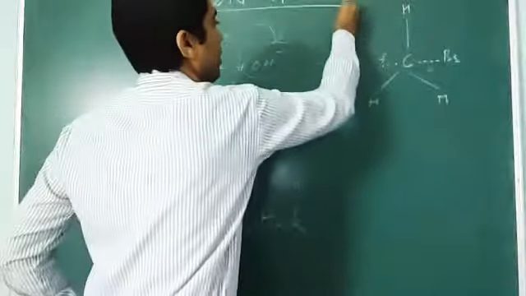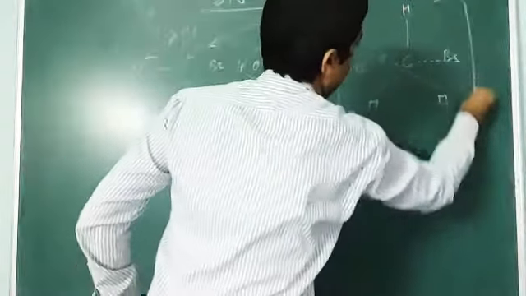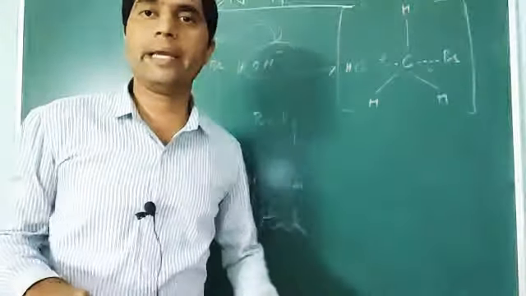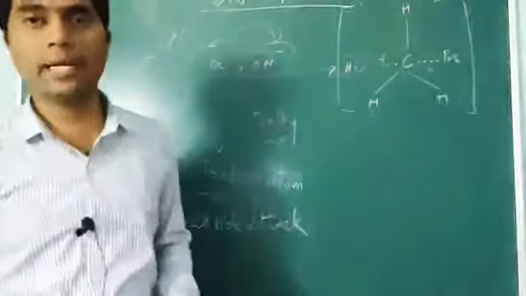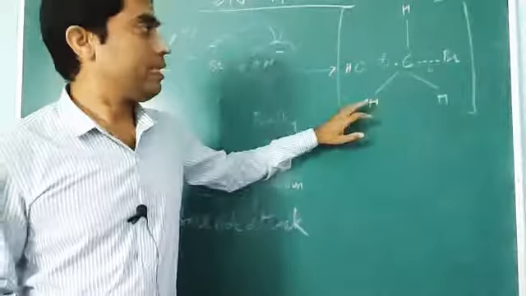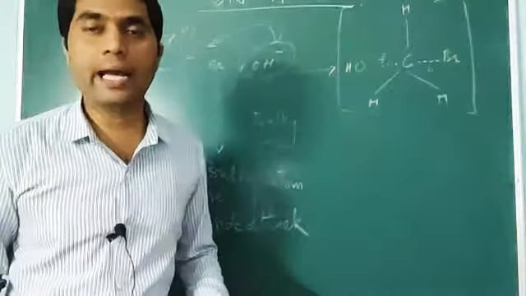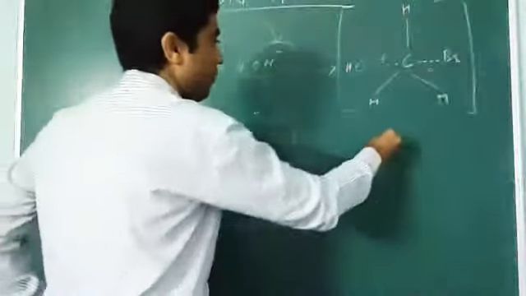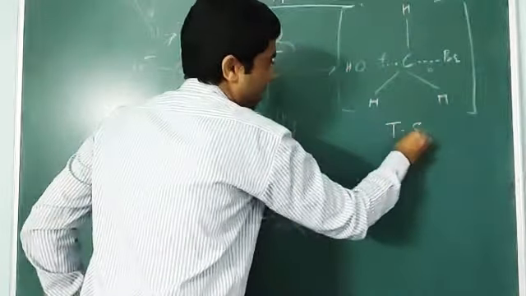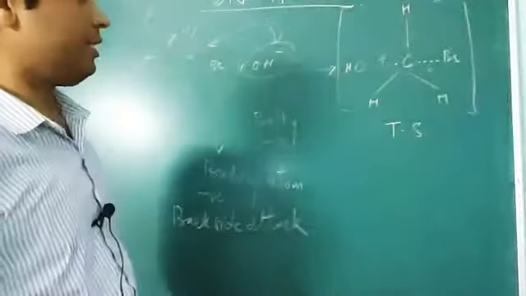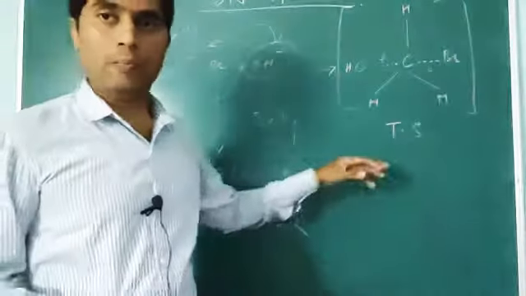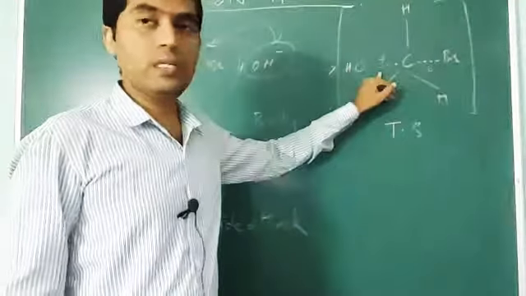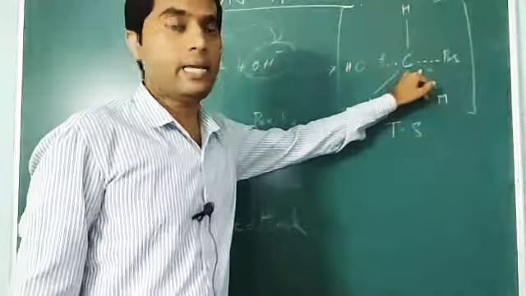Bond breaking and bond formation are taking place, that's why this is a transition state and its energy is very high. We will mark it as the transition state. Now, bond formation and bond breaking.